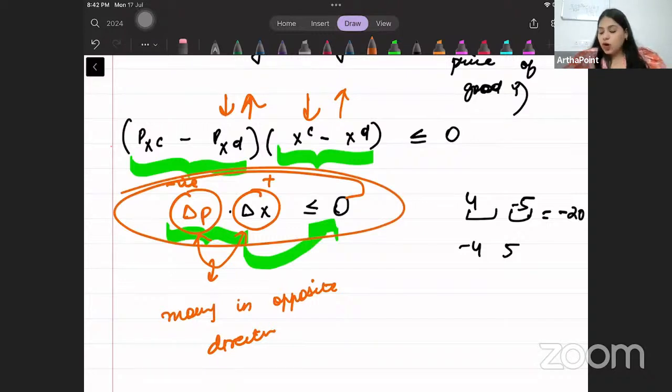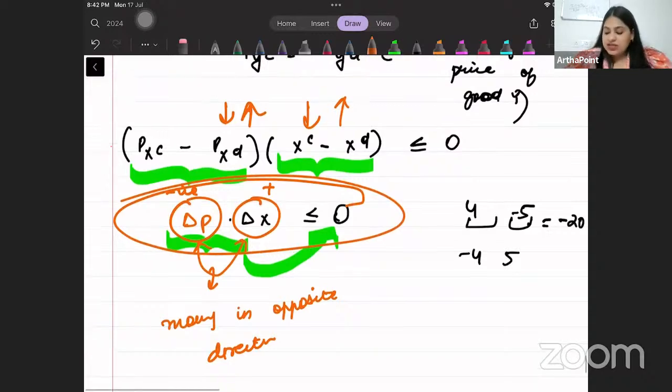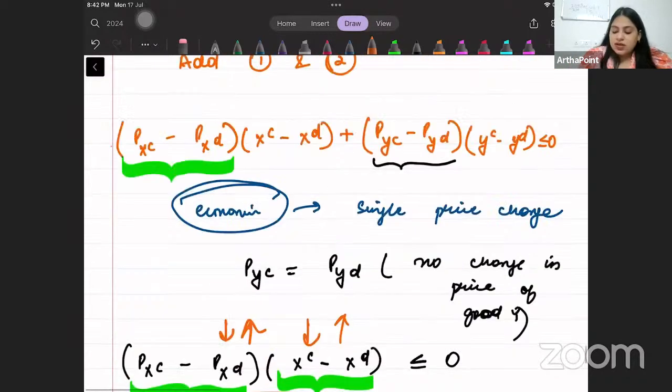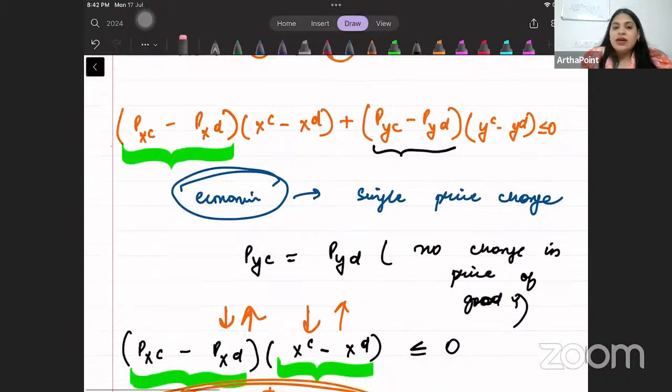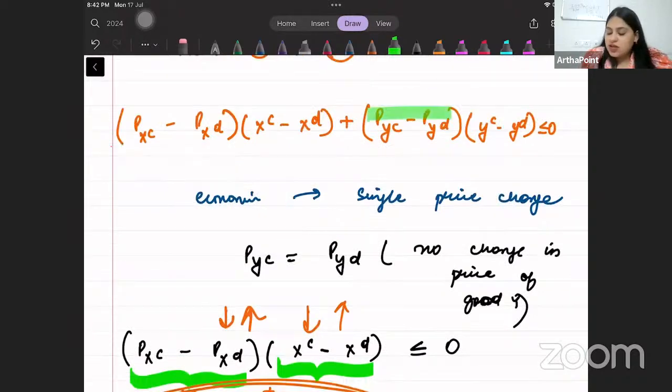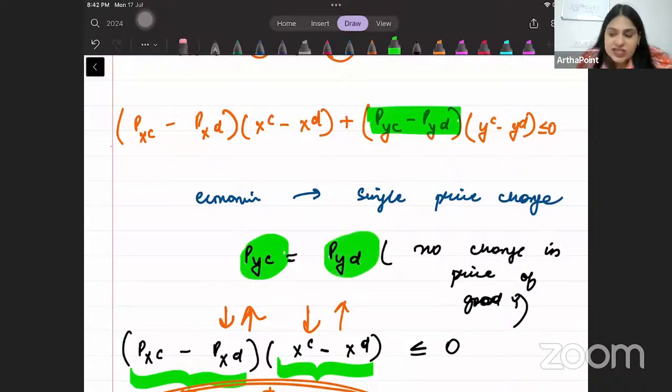Yes, Divya. So what we are saying here is that, if you notice, I took this to be 0. I said prices of good Y are not changing. So when price of good Y is not changing, this is 0.